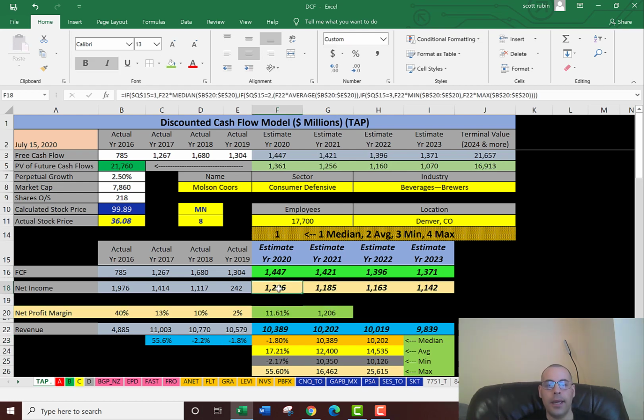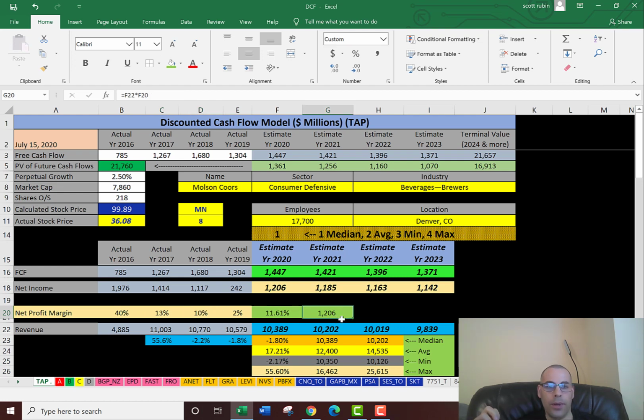So to get the expected net income for 2020, I took the 2020 expected revenue of 10.4 billion times these numbers. And for the median of these numbers, it's 11.6% because you take the middle two numbers and take the average. So the average of the 10% and 13% is 11.6%.